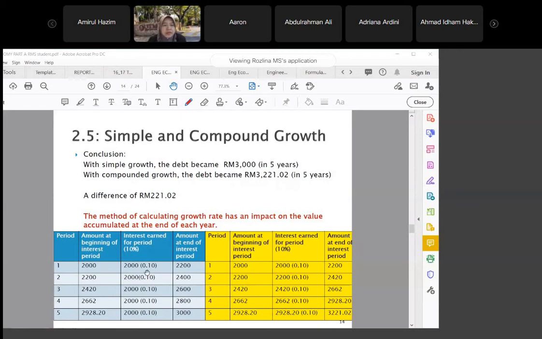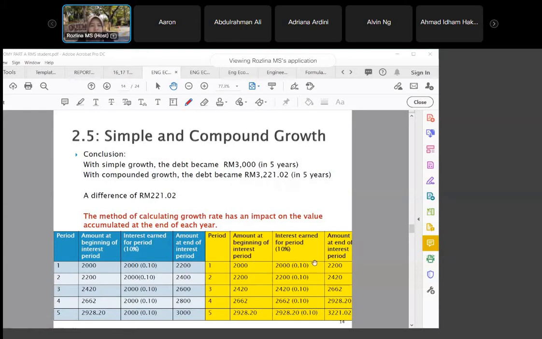It means the growth with a flat rate of 10% and the one with a compounding period, compounding interest. So you can see the difference in how they calculate the amount. For the simple growth, it only takes the primary value, the principal. But for this one you have to take the latest one, so it is accumulated.